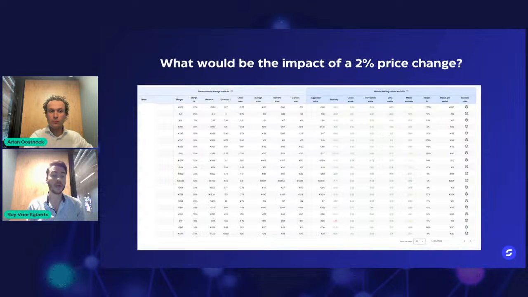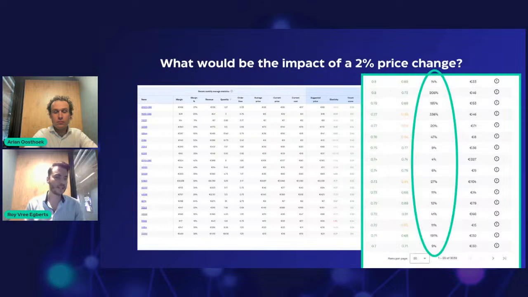Based upon the example Arjan already showed us in the beginning, we have an elasticity score per article, per product, so we can say there's an impact on revenue, on quantity, and on margin. So there is an impact per product, but also on the full group, we can have an expected impact.